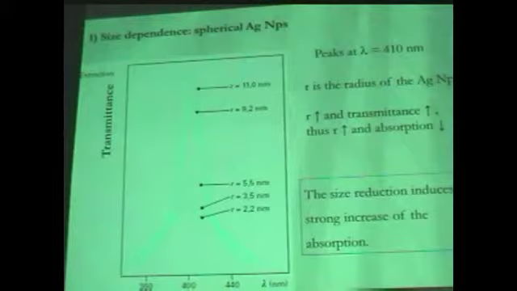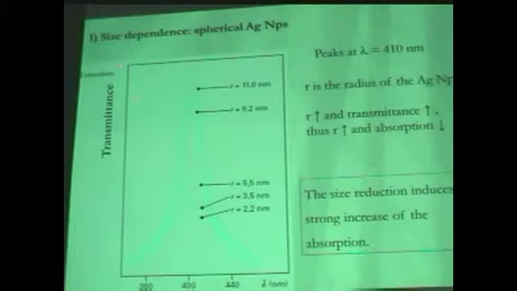I would like to show you several examples showing the size dependence of the optical properties of different nanoparticles. Here, the first example concerns the optical properties of spherical silver nanoparticles.